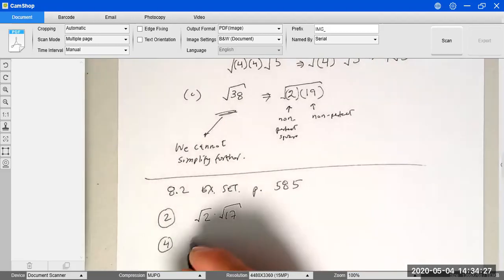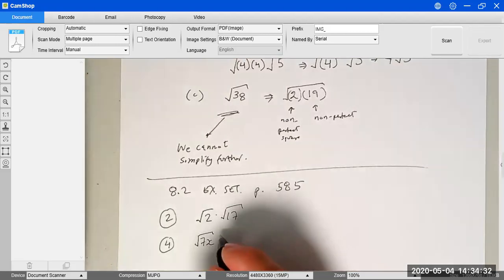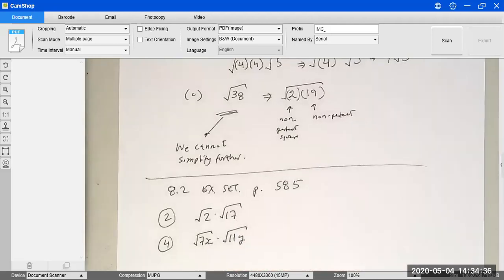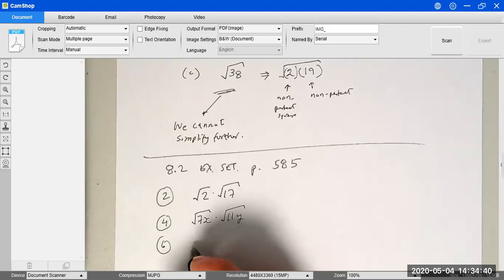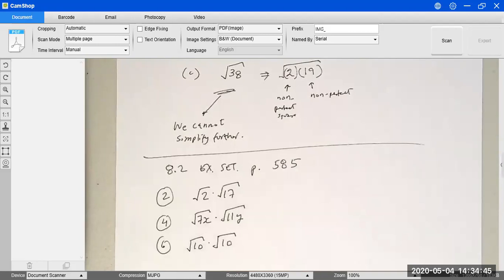Then we have 4, the square root of 7x times the square root of 11y. Then we have problem 6, square root of 10 times square root of 10.